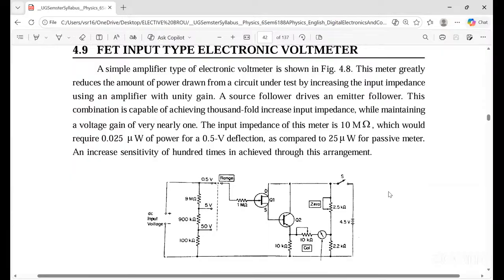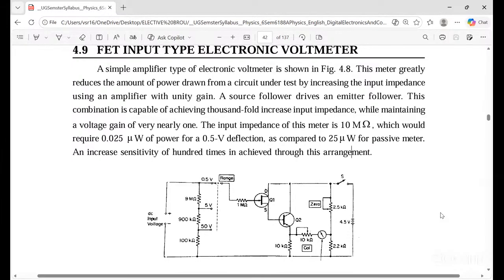A source follower can reduce the amount of power drawn from the circuit under test by increasing the input impedance, using an amplifier with unity gain. A source follower drives an emitter follower, and this combination is capable of achieving a 1000-fold increase in input impedance while maintaining a voltage gain of nearly 1.